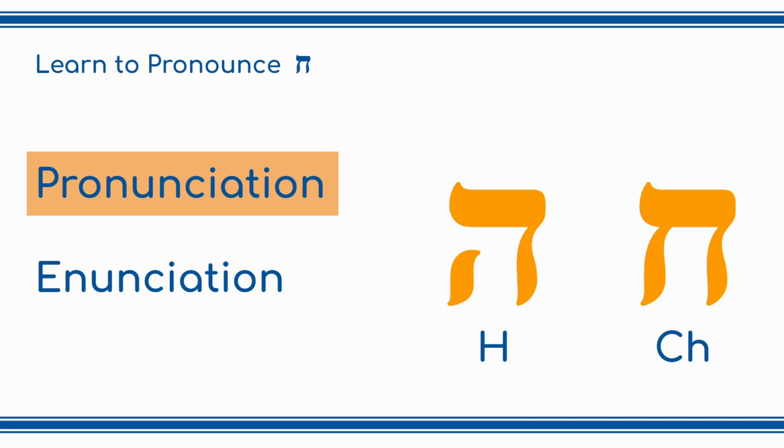I can only do it with one puff of air and then it's gone. Whereas with the letter Chet, I can hold the sound a bit longer. So I held that sound longer than the letter Hey. And that's what I mean by soft sound.